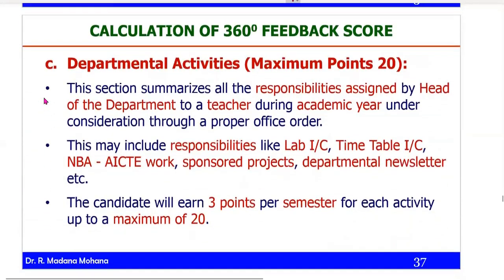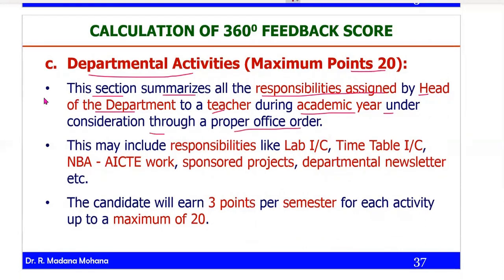So then the third parameter, departmental activities, maximum weightage is 20. This section summarizes all the responsibilities assigned by the head of the department to a teacher during the academic year under consideration through a proper office order. So any responsibility assigned should be through a proper office order.